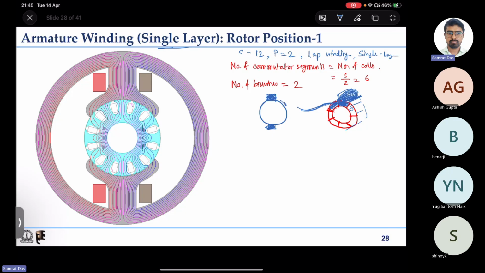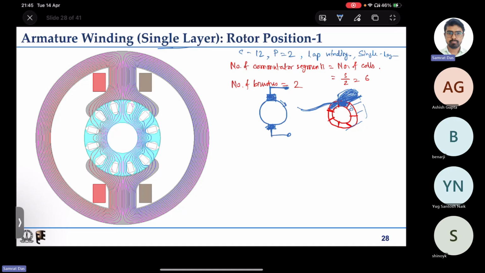The commutator will be rotating, but the brushes are fixed. So we have one terminal coming out from one brush and another terminal of the armature winding coming out from the other brush. These form the two terminals of the armature winding which we see externally, while the actual windings get shorted. We'll see how the actual windings will be connected to these commutator segments.